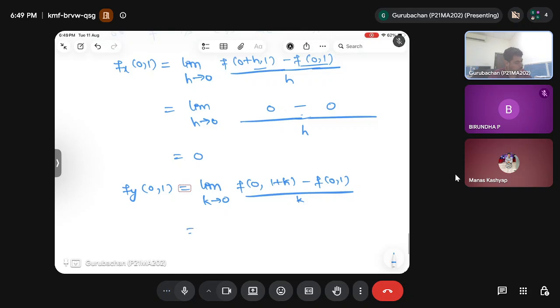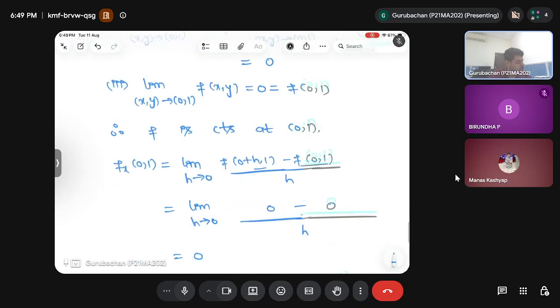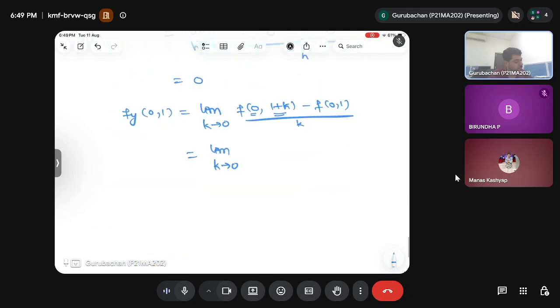Since our first variable is exactly 0, the first term will be 0 by definition, and obviously the second one is 0, so this will again be 0.